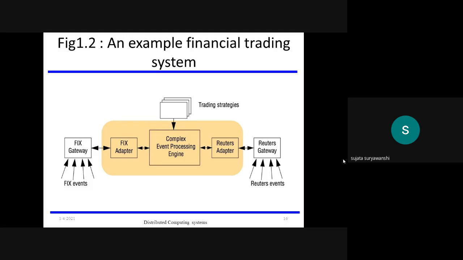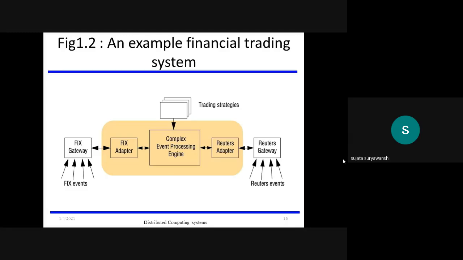Here the Financial Information Exchange protocol is used, and this protocol is used to send the specific task. There are two different users: an authenticated user and an unauthorized user. The unauthorized user cannot access the authorized data, because different protocols are used along with a FIX gateway. The FIX gateway means that for financial information exchange, only specific information is exchanged with the outside world.